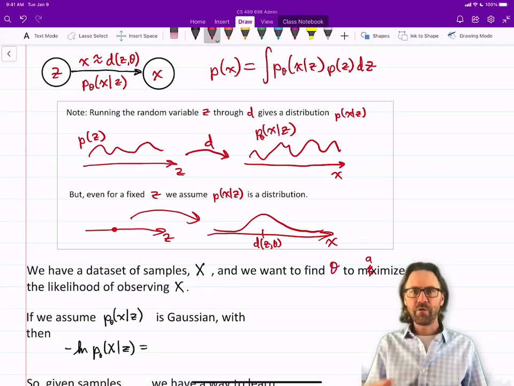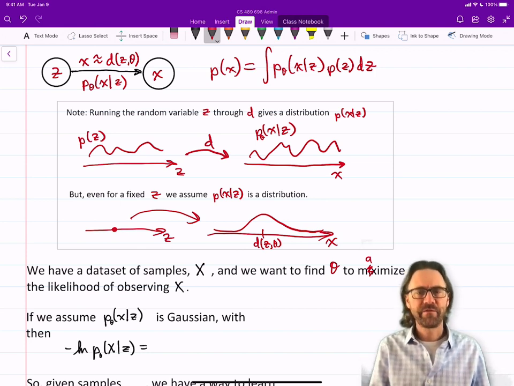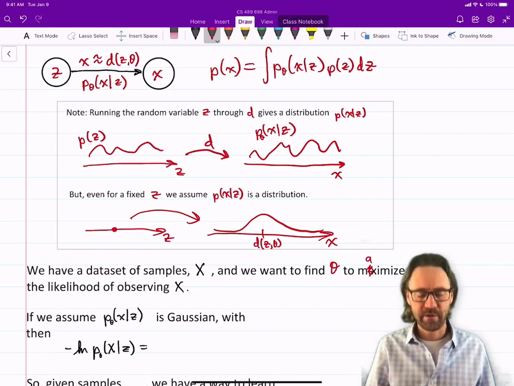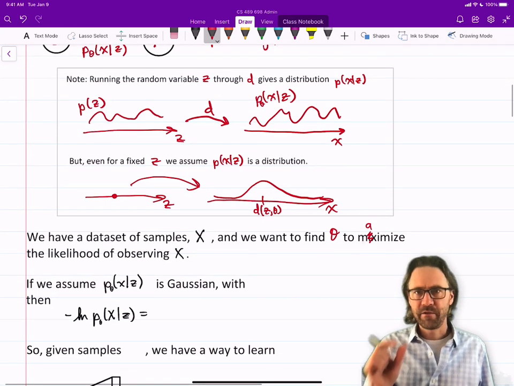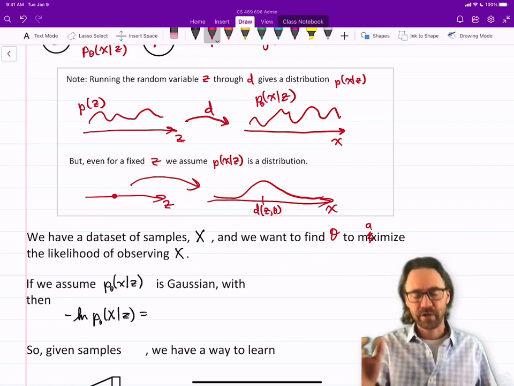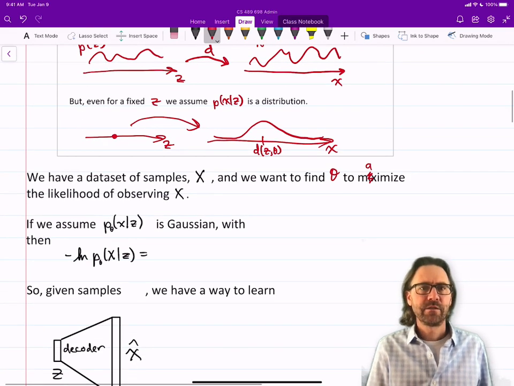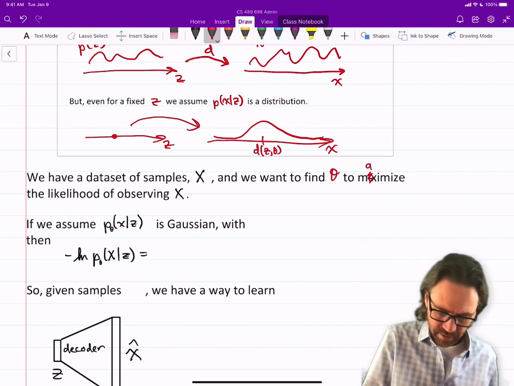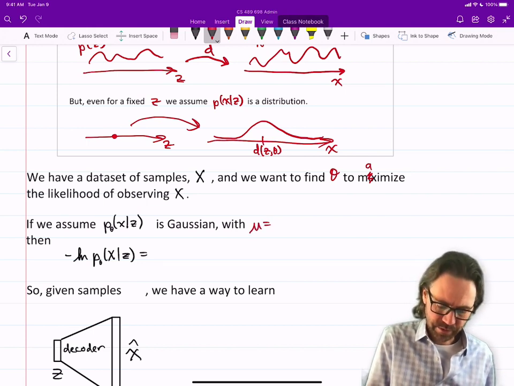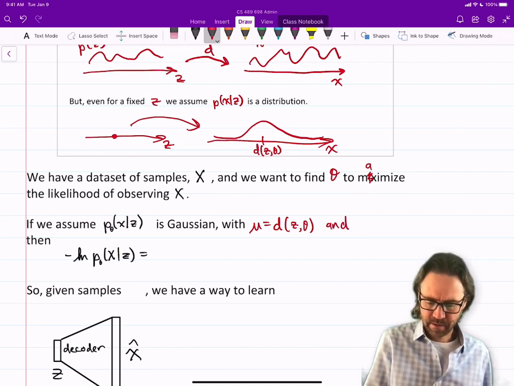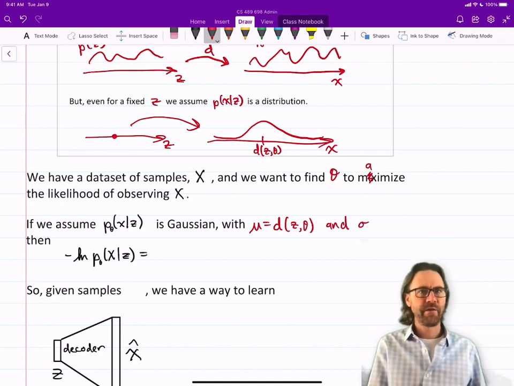We want to design our decoder so that when we throw in all our different Z's, we get lots of reconstructed X's that look like our training set. In fact, if we can choose the Z that corresponds to our training data, we'd like to be able to reconstruct our training data. So if we assume that our P of X given Z is Gaussian, with mean equal to the reconstructed X and some variance or standard deviation.